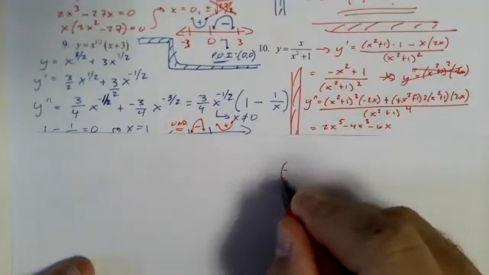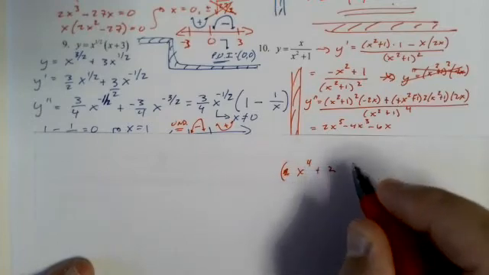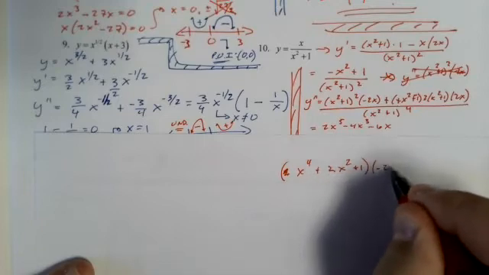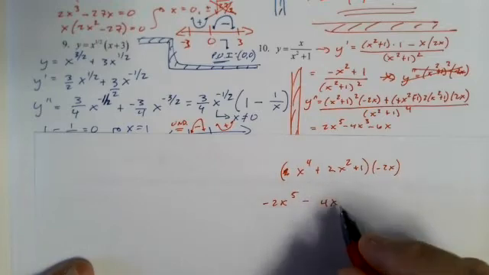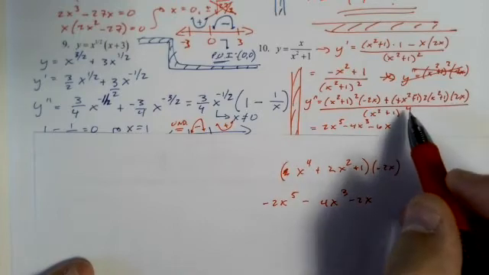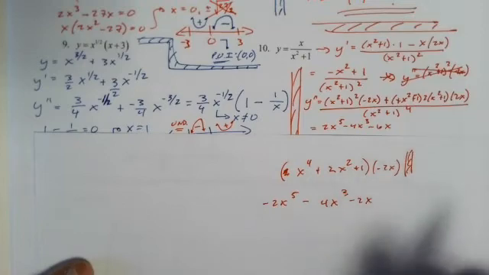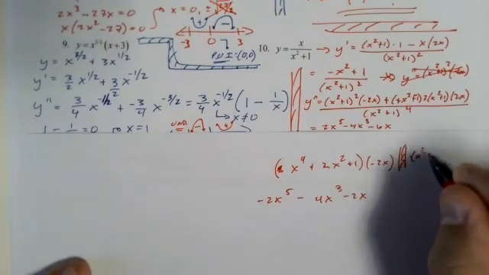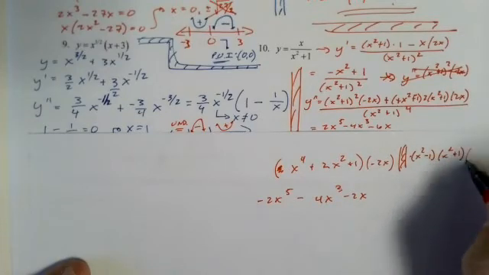Negative, oh, I'm going to do all this stuff first. x to the fourth plus 2x squared plus 1 times negative 2x. Negative 2x to the fifth minus 4x to the third minus 2x. Over here, we have x squared minus 1 times x squared plus 1 times 4x.